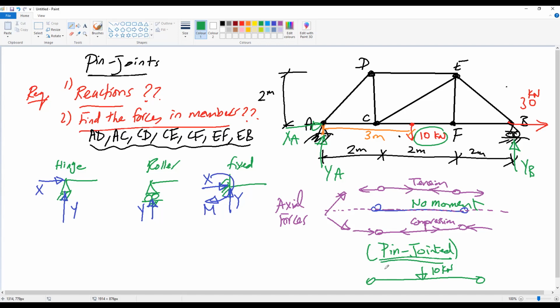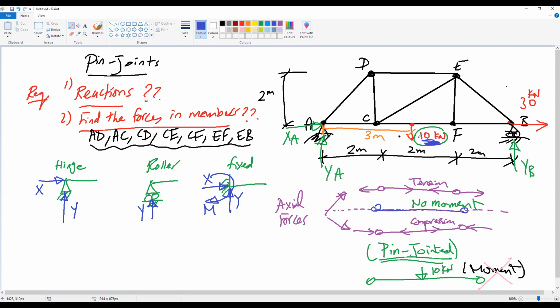It is not in the axial direction or the longitudinal direction of the member. So this force will cause moment on the member. And we cannot allow a truss member to have any moment. So what do we have to do? What we have to do is change the location of the 10 kilonewton force. This is one of the tricks of this example.